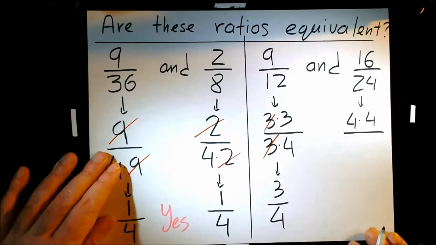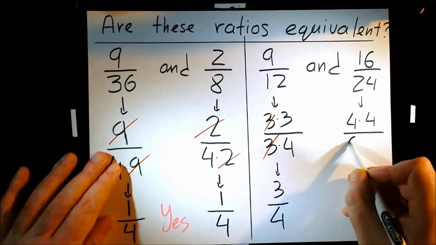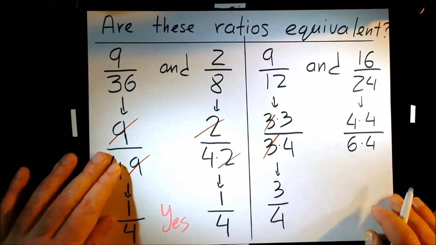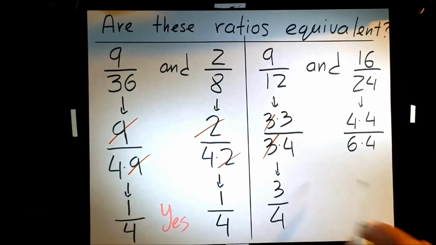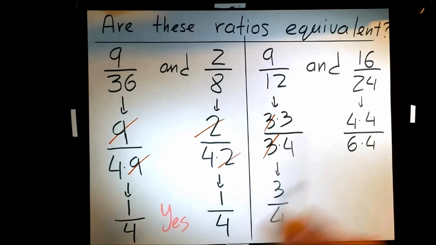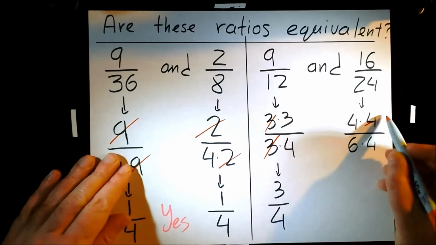What can I break 24 down to? There's a few things, but let's choose 6 times 4, because that's 24. I broke it into 6 times 4 because that gives me a multiplicative 4, which I can use to cancel out with the top. So I just told you what I want to cancel, the 4's.